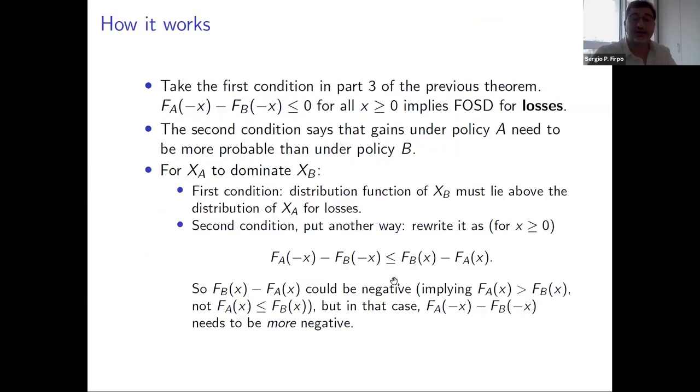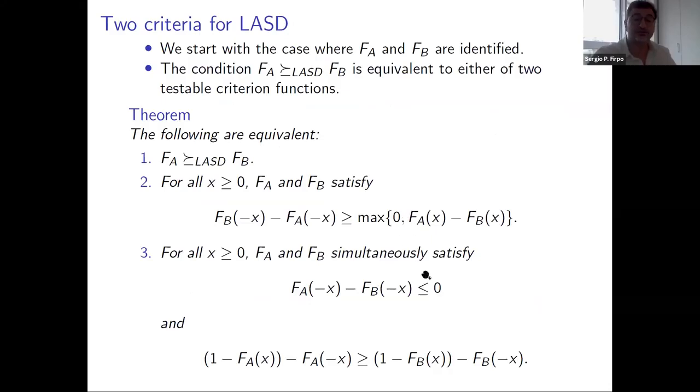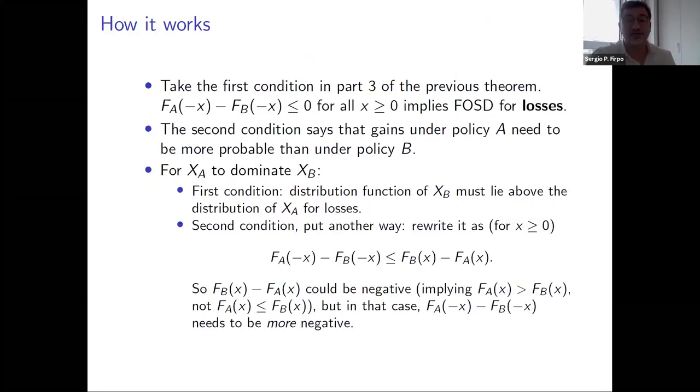So we are in a situation in which we combine those two conditions here, and that looks like first order stochastic dominance, but with this twist that you have to treat separately the positive and the negative parts of the support, and we have this extra condition in which what happens in the positive part cannot be larger, in creating those differences, than what happens in the negative part. Okay, but those things are testable.